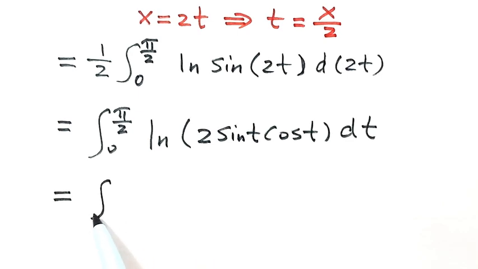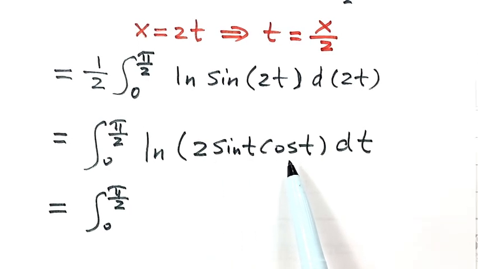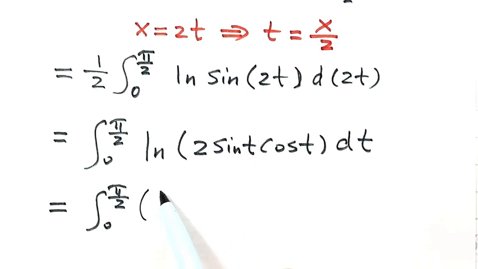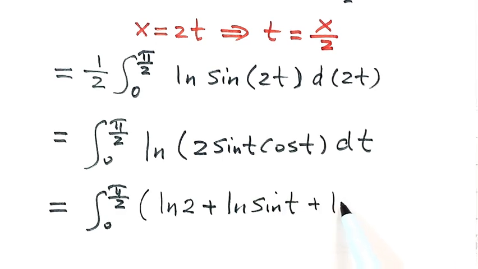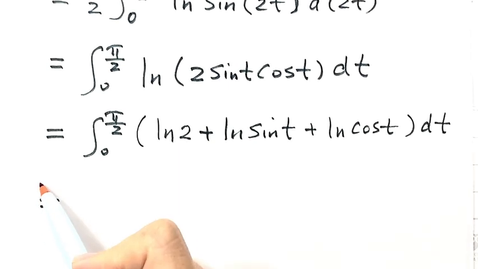Let's look at the inside. Inside the log, we have a product of 3 terms. Based on the property of log, log of a product equals the sum of logs. So this equals log 2, plus log sine t, plus log cosine t, dt. Next, we're going to use x for t.